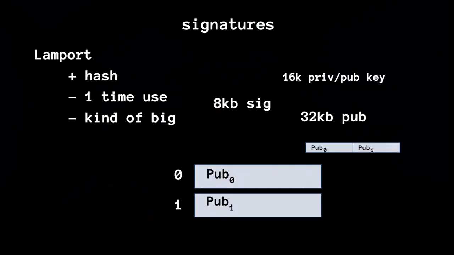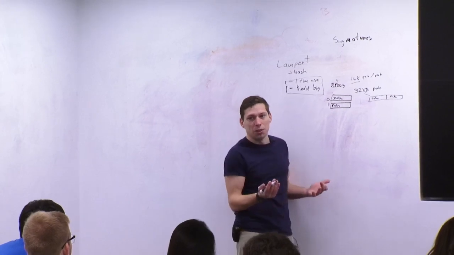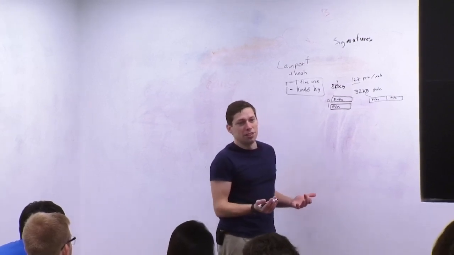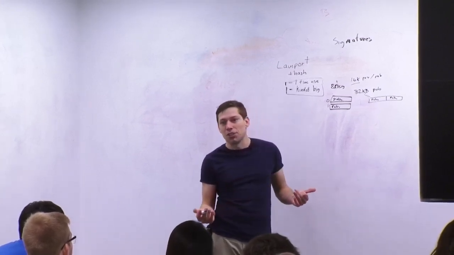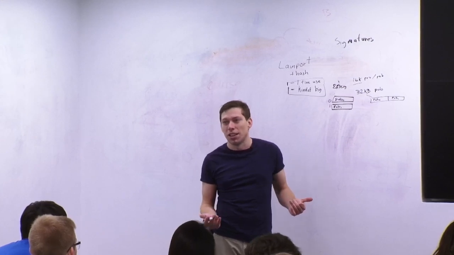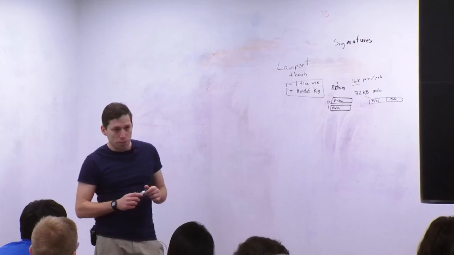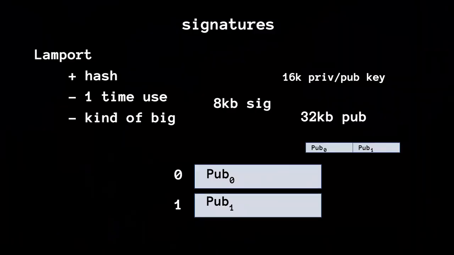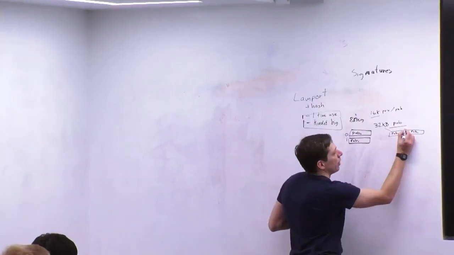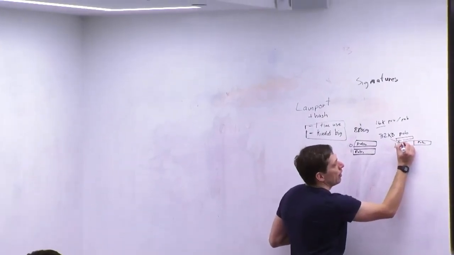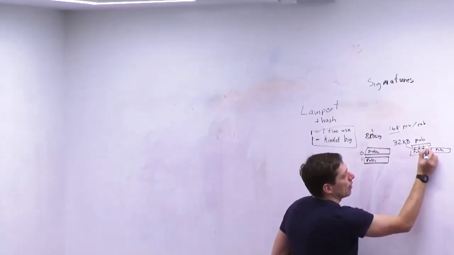What would happen to the private keys in this case? How would private keys work here? Same expansion of size, I guess? Can anyone think of a way to mitigate the expansion of size of private keys in this case? The private keys are the pre-images here. They lead into these public key blocks.